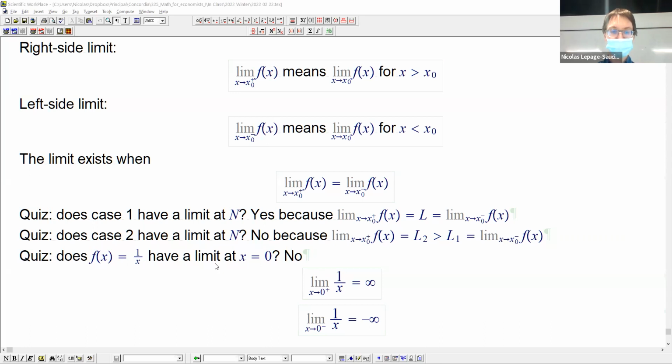Here it is. The limit on the right side goes to infinity and the left side goes to minus infinity. So I don't have a limit. Let me try and make a nice print screen of this.